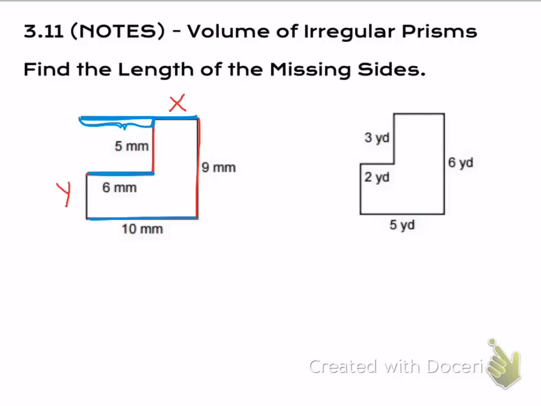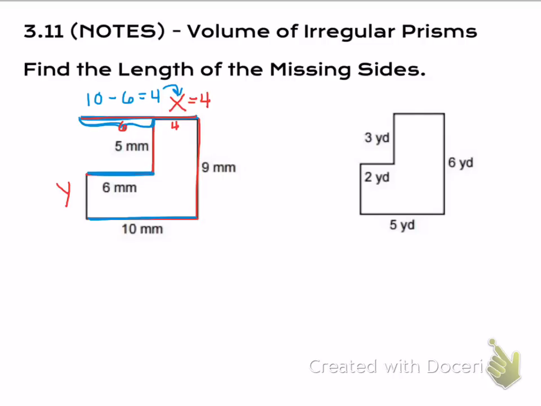So if I take the whole way across, 10, and take away the 6 that was left above it, I know that I have 4 left for X right here. What I know is that this is 6, so this is 4, because all together this has to be 10. So I found that X equals 4.